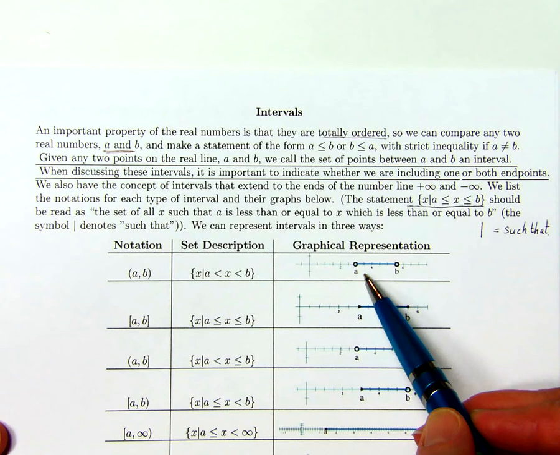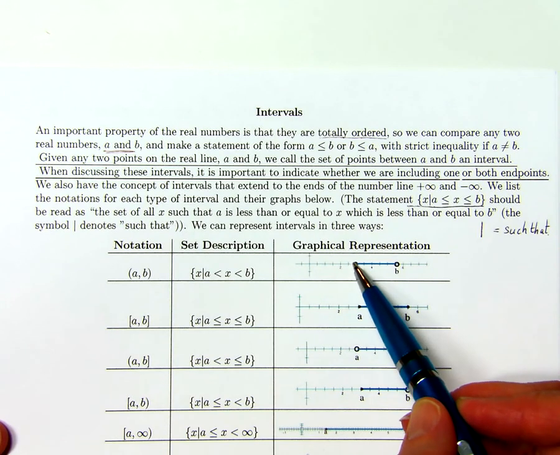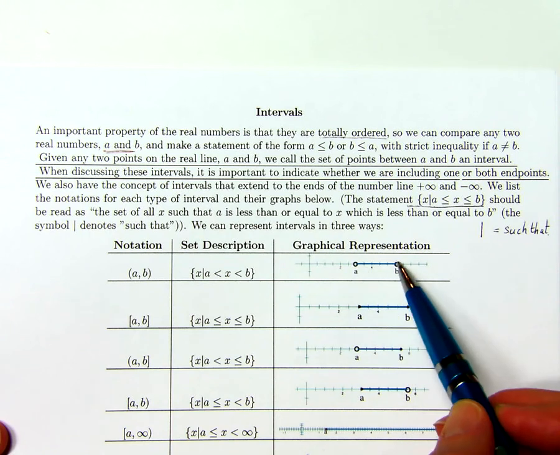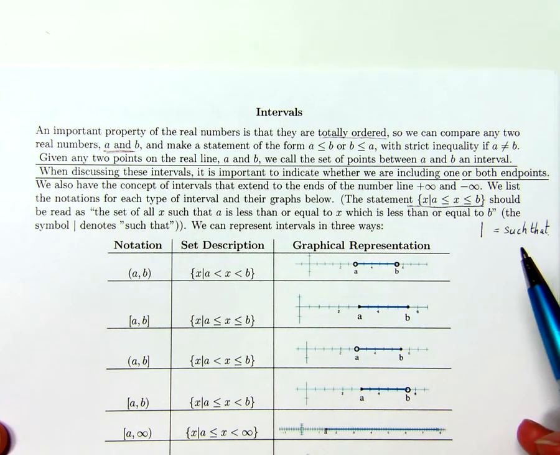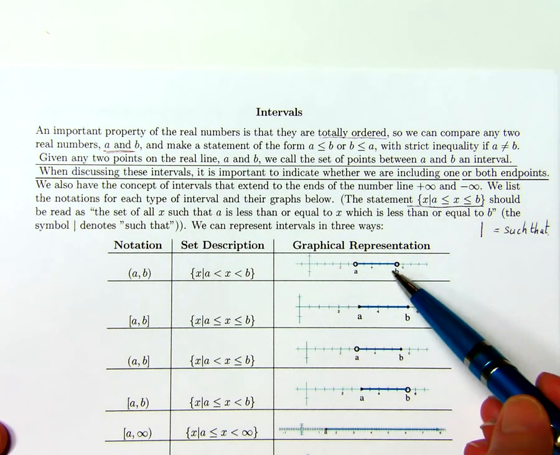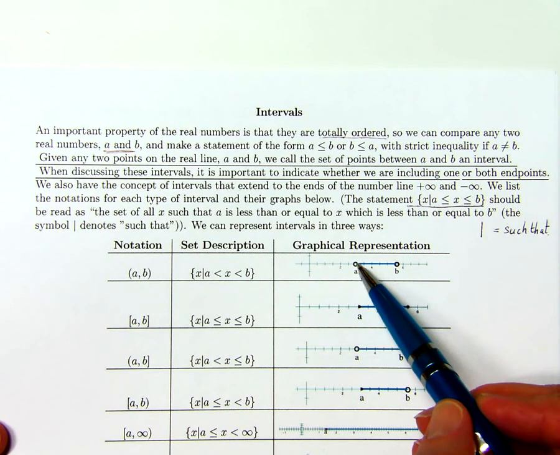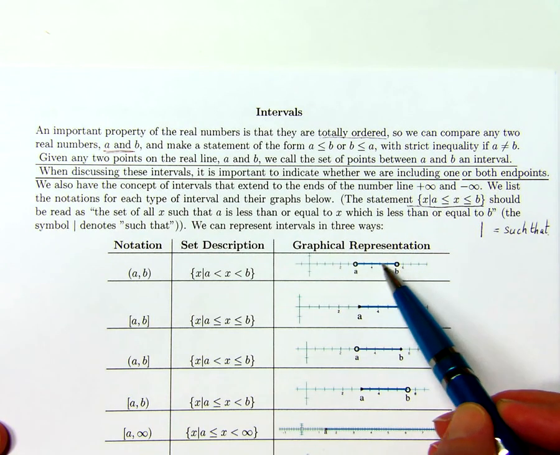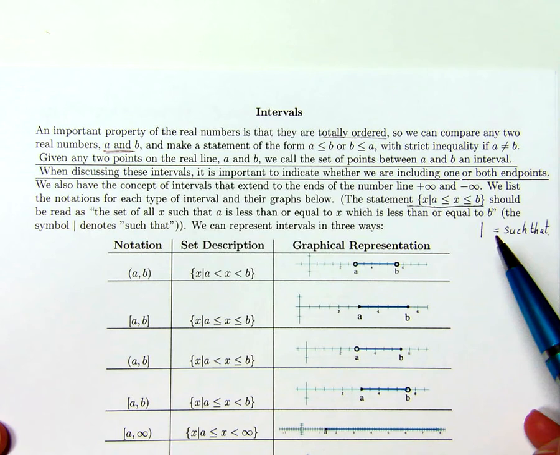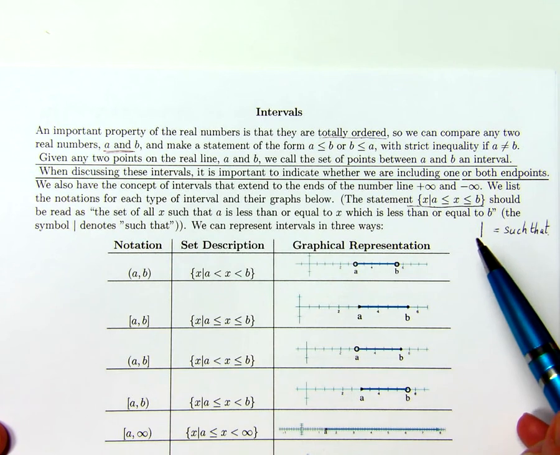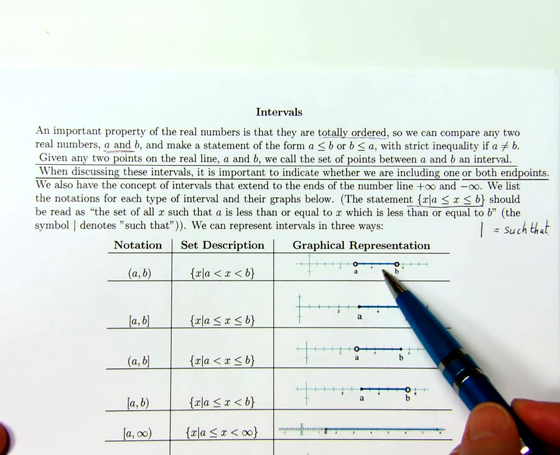If we're representing this on our number line, we put dots at A and B, which are hollow, to indicate that neither A nor B are included, and then we shade in the line between A and B to indicate that everything between A and B is included.